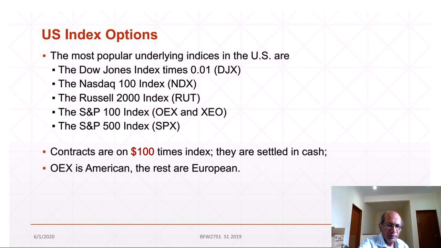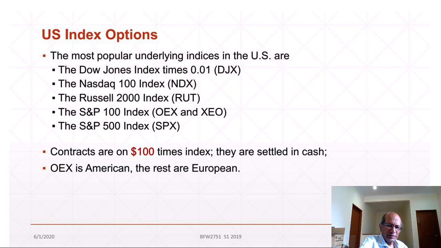Say for example, US index options are given. So many indexes are there. The most popular underlying indices in the US are the Dow Jones Index, which is called the DJX times 0.01, the Nasdaq 100 Index NDX, the Russell 2000 Index, the RUT, and the S&P 100, OEX or XEO.